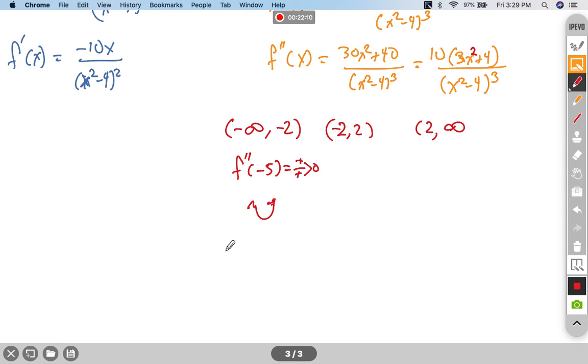This is concave up. If we try the second derivative at 0, again, the numerator is always going to be positive. Denominator, this is a negative number to the third power is negative. So this is less than 0. It's concave down.